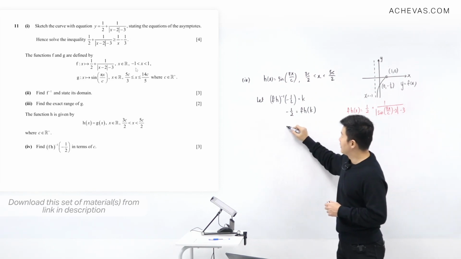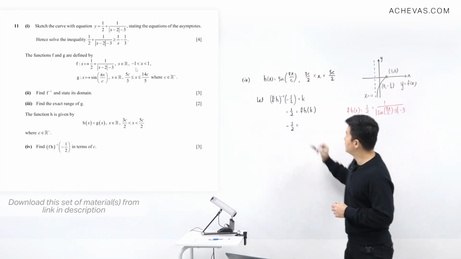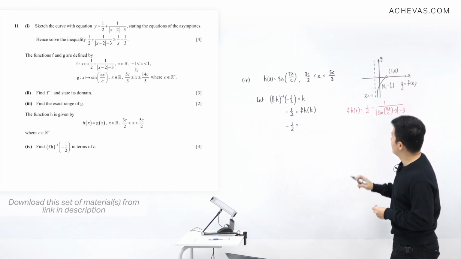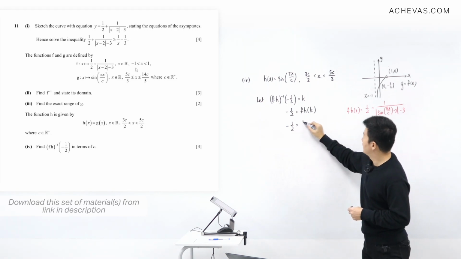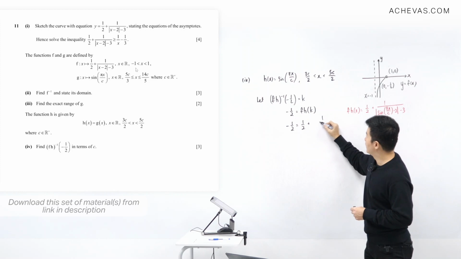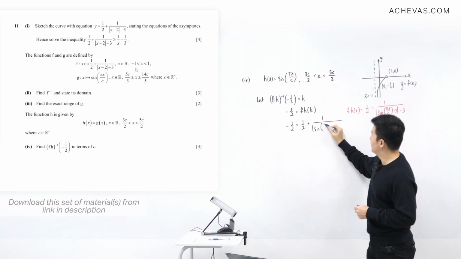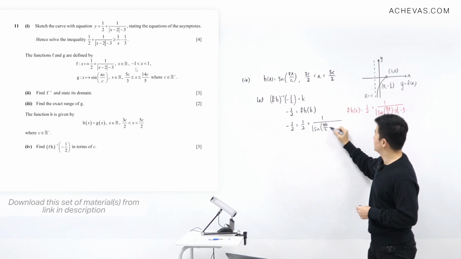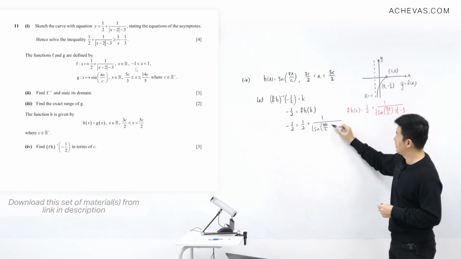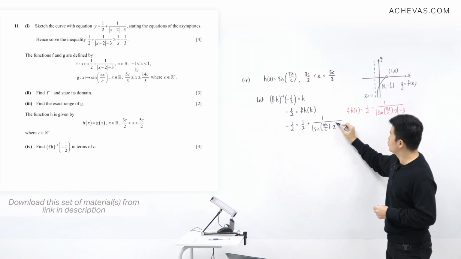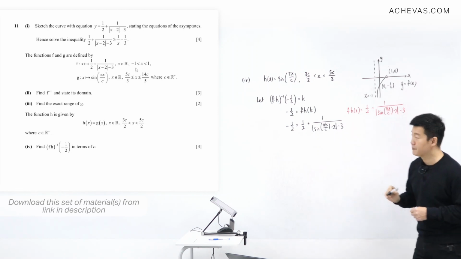Which means that we have a minus half. This is going to be equal to this, which is half, plus 1 over modulus of sine pi k over c, because x is going to be replaced by k, then minus 2 modulus minus 3.